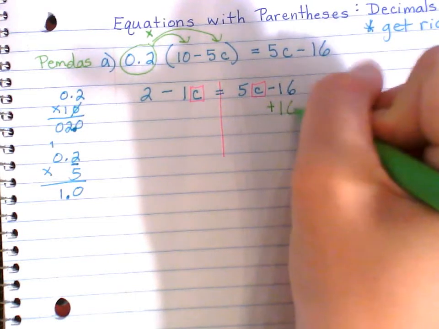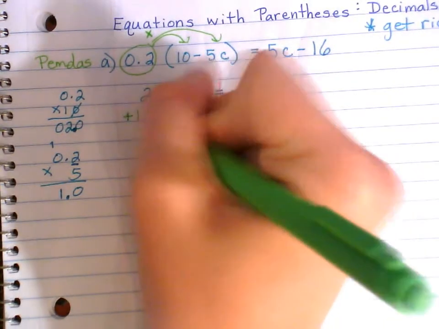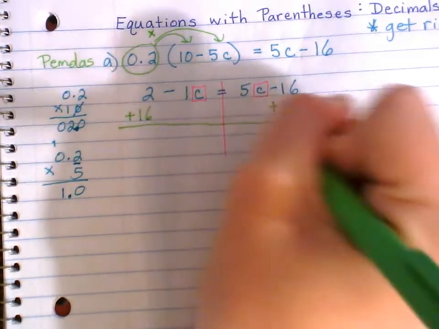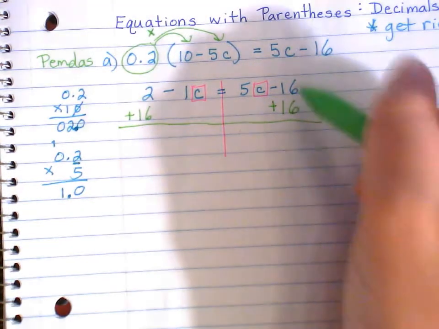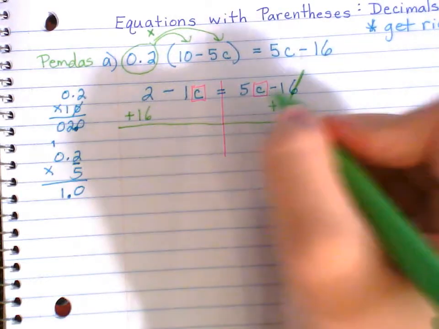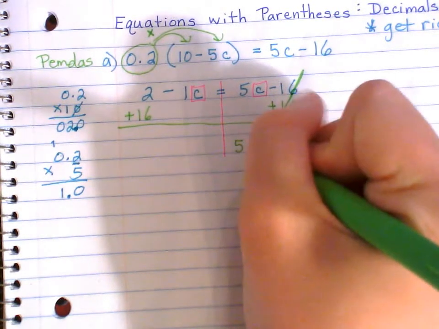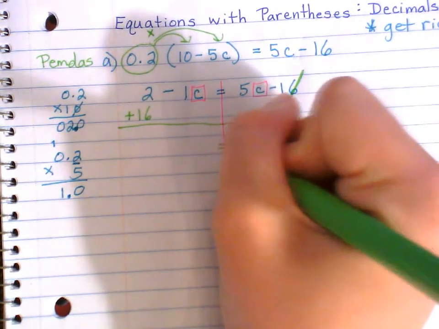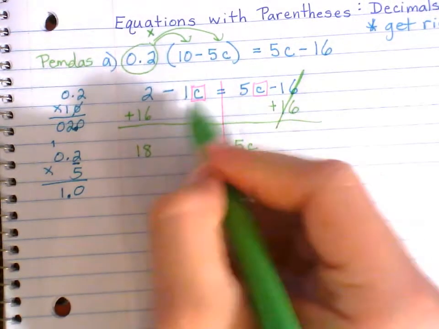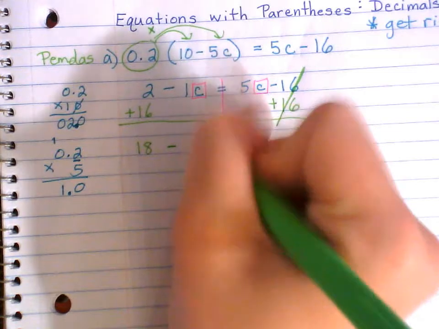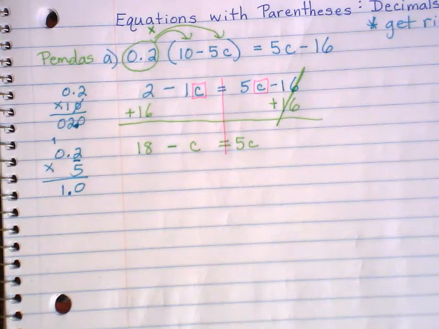Add 16, add 16. You also could have subtracted 2 from both sides. Negative 16 plus 16 is 0. Just leaves us with that 5c. 2 plus 16 is 18. Minus 1c, I'm not even going to write that 1 anymore, so minus c. So we have 18 minus c equals 5c.